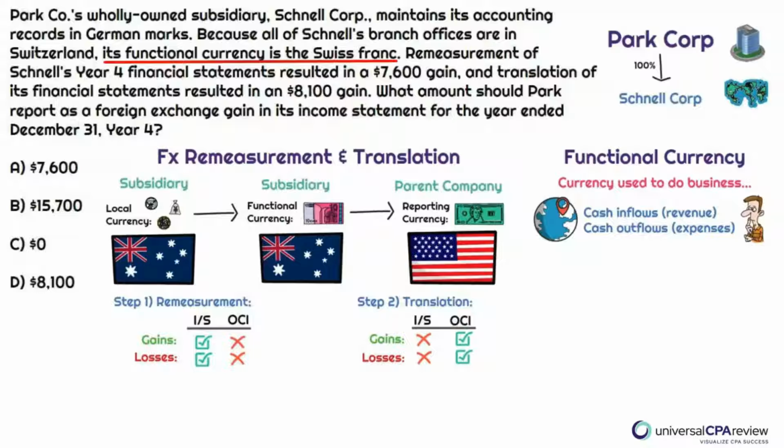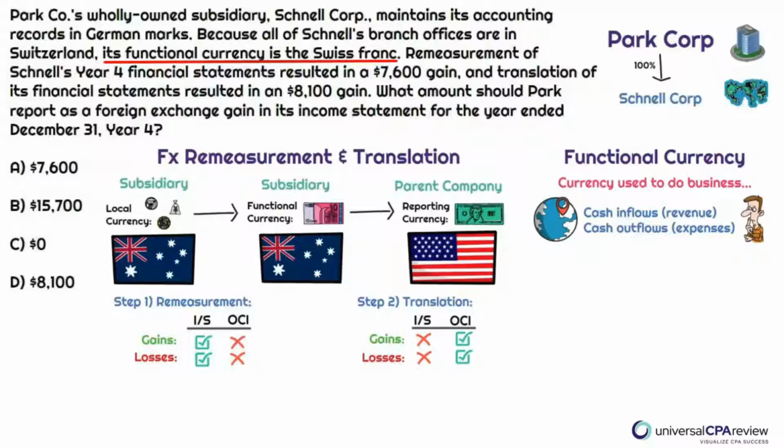And then once we have our statements in the functional currency, we then need to translate these statements to be in US dollars, right? For when they're consolidated with Park in the consolidated financial statements, right? So there's two steps there.